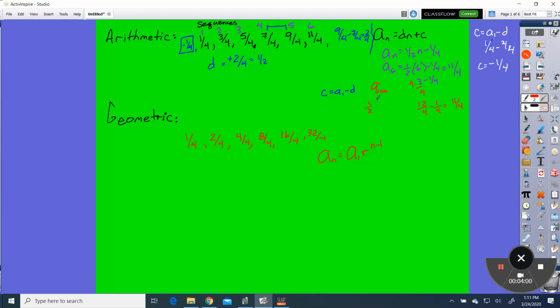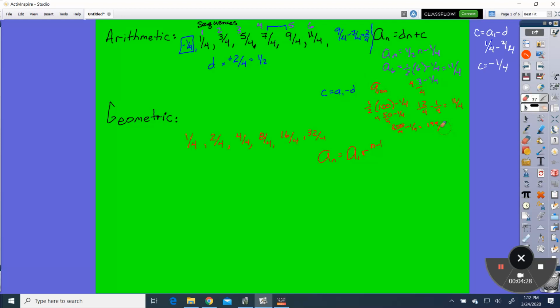I would have 1/2 times 100 minus 1/4. So half of 100 is 50 minus 1/4. If I change that to fourths, I'd multiply top and bottom by 4. That would be 200/4 minus 1/4, so that would be 199/4. That would be the 100th term.